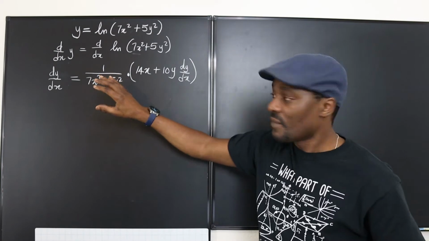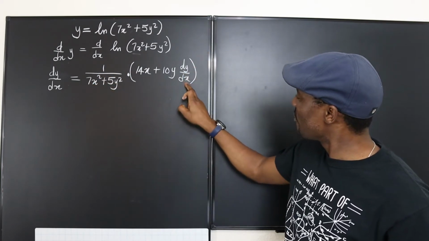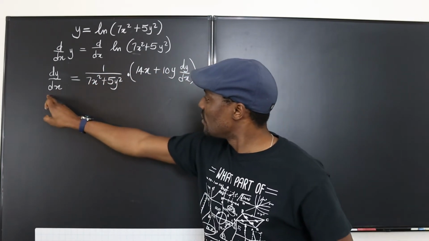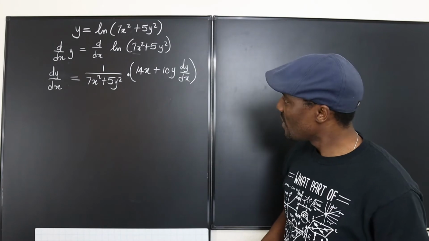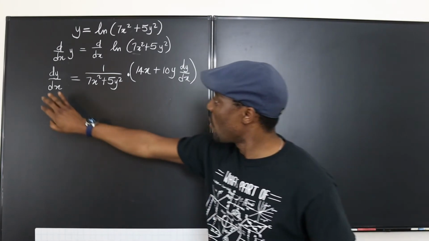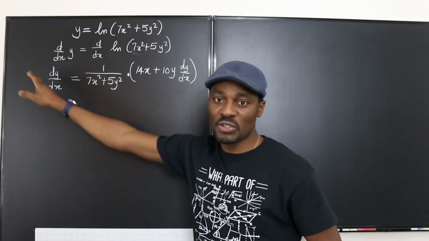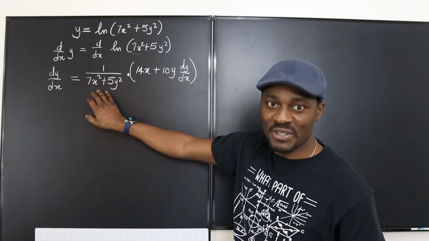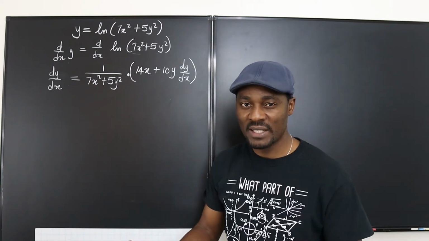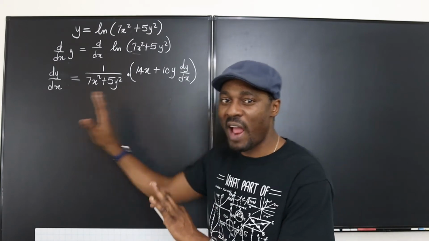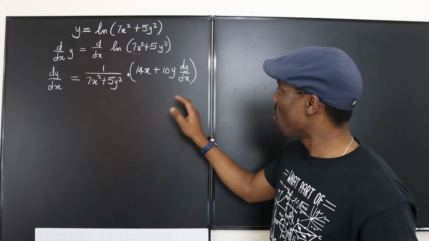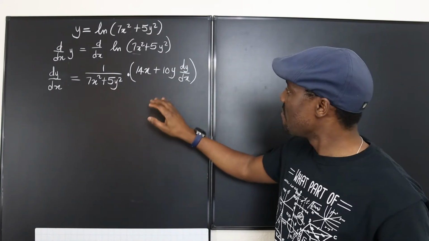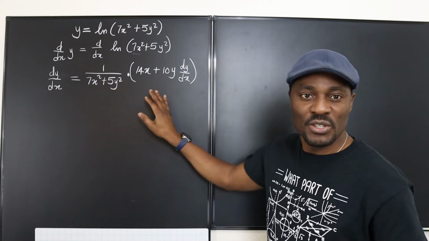Now that we're done, what you need to do is think of how to get this dy dx over to this side. What can we do? Remember, we just want dy dx only. So don't start multiplying both sides by this, because that's going to make things a bit more complicated. What you want to be doing is subtracting or adding. At this point, we can't subtract or add because we have multiplication going on.